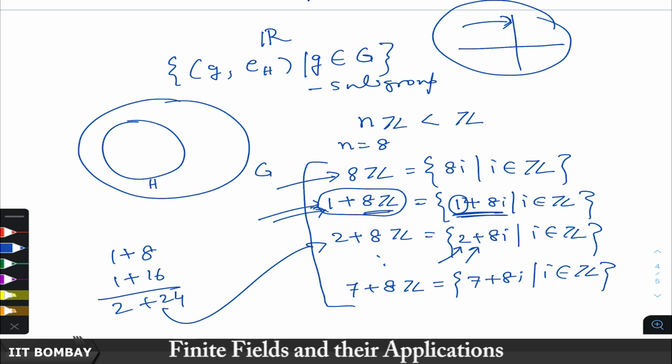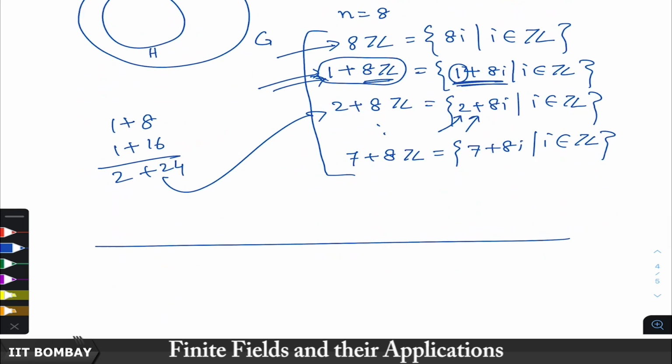But you can think of this as the shifted version of 8Z, right. If you look at the set of integers Z, you have 0 here, you have 8 here, you have 16 here, minus 8 here, and so on. And what is this 1 + 8Z? It has 1 here, 9 here, 17, minus 7, minus 15, and so on.